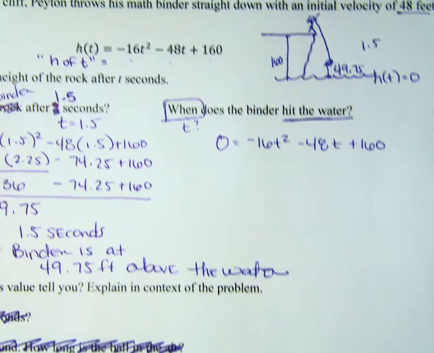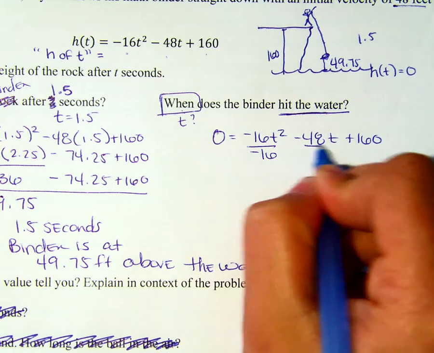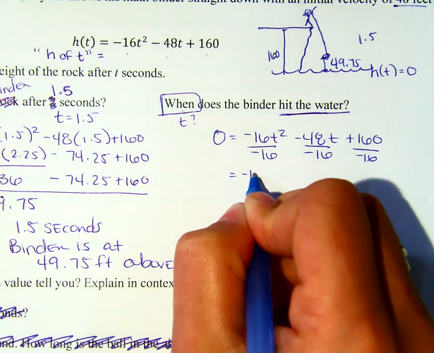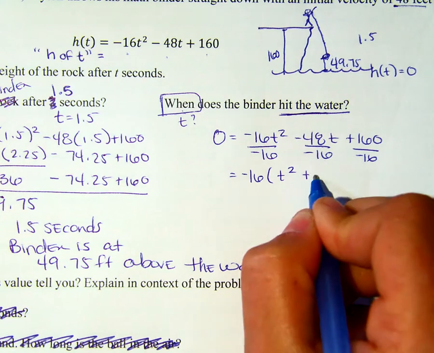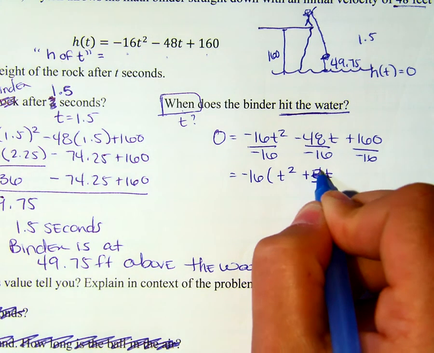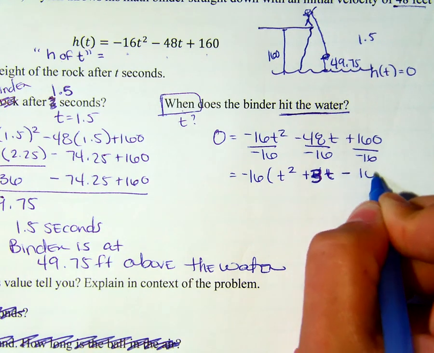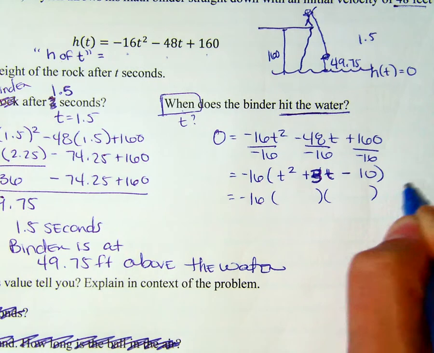This is a quadratic that we can factor. Let's start by factoring out the GCF. So that's negative 16. We're left with t squared plus 3t minus 10. I'm going to factor this into two binomials using the box method.